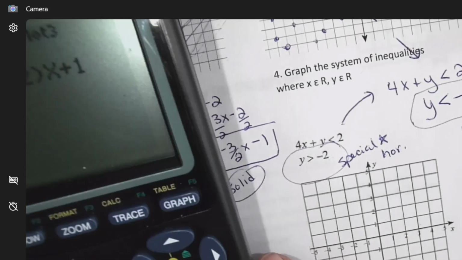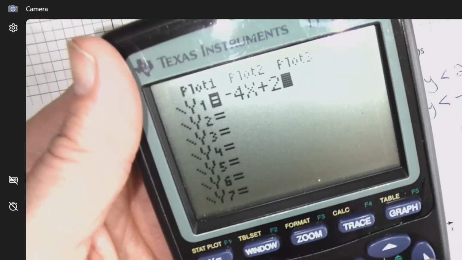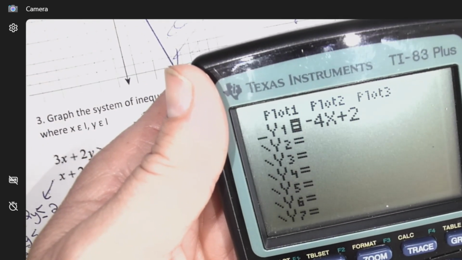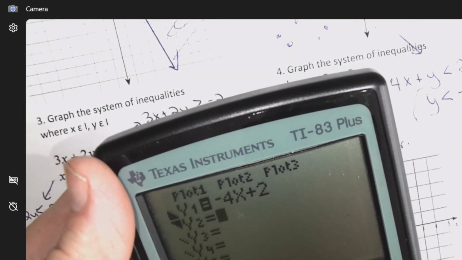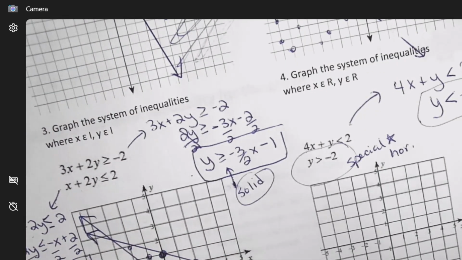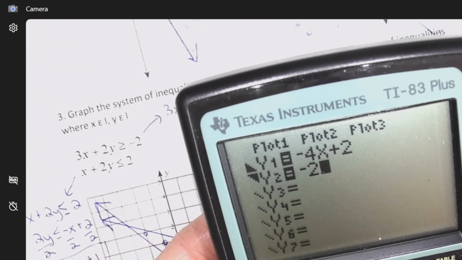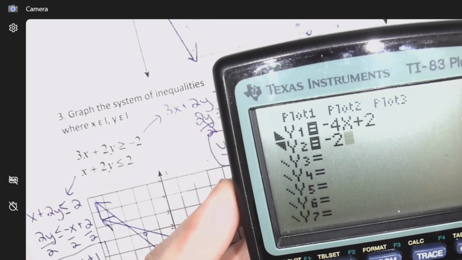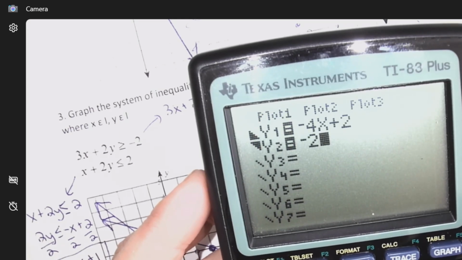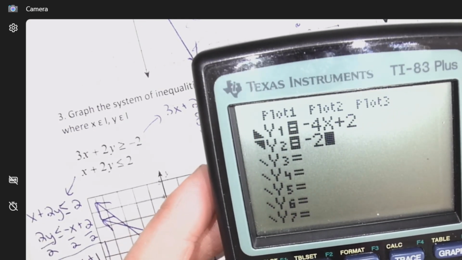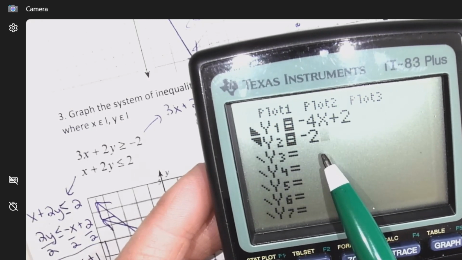Okay, so I actually can put that one into my calculator. Good with the typing, negative 4x plus 2. And then I can just go to the next one. I can do that because of the y.